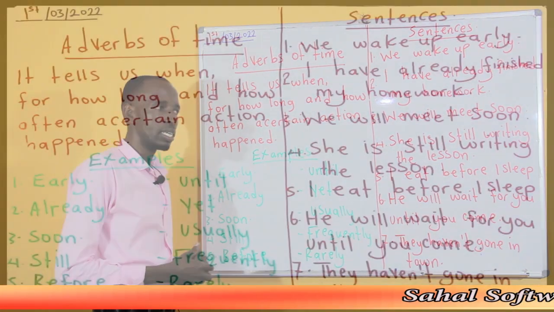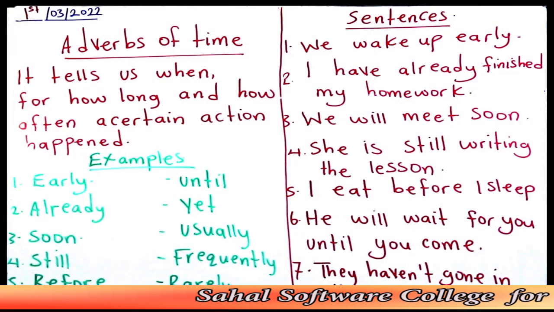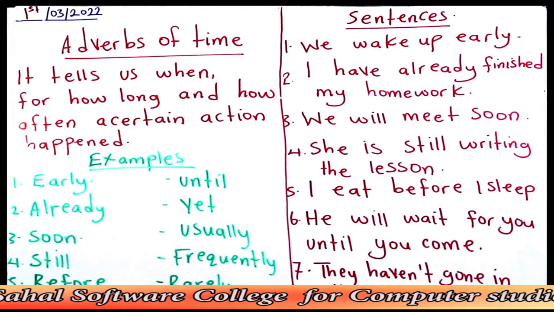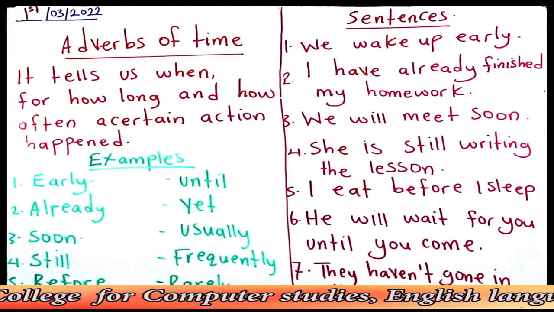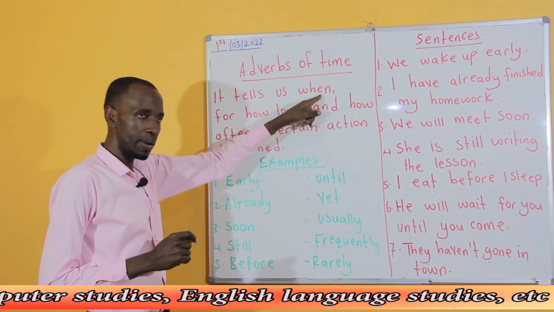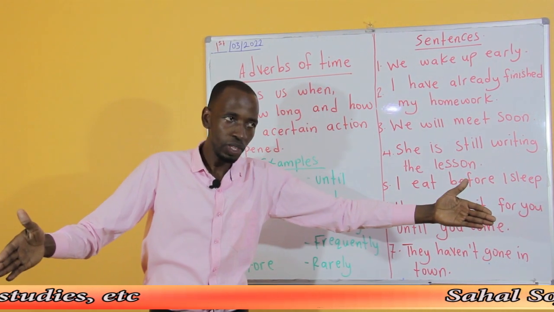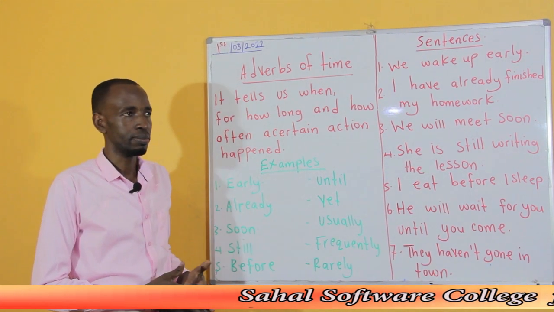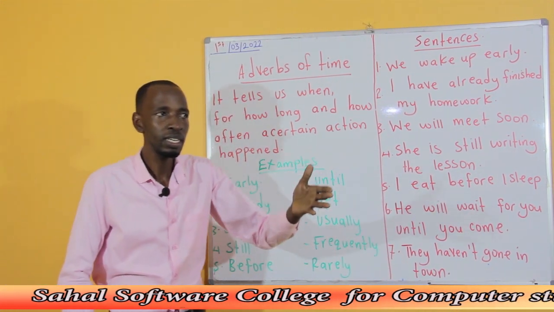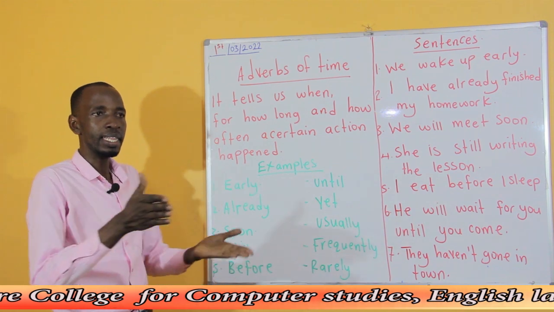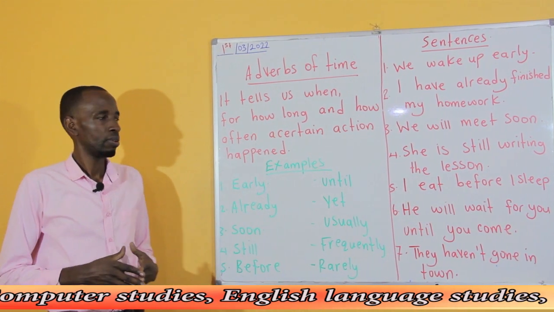When is the starting of the action, the beginning of the action. For how long? What was the length of the action? From morning to evening, from Monday to Friday, the length, the time.